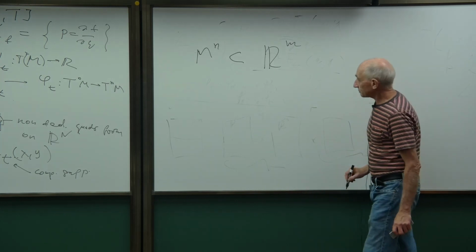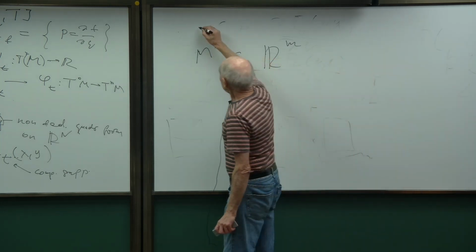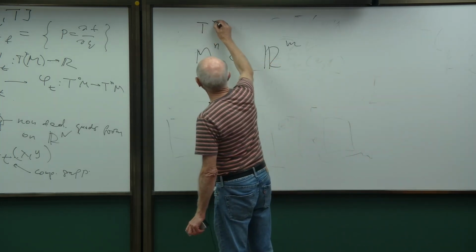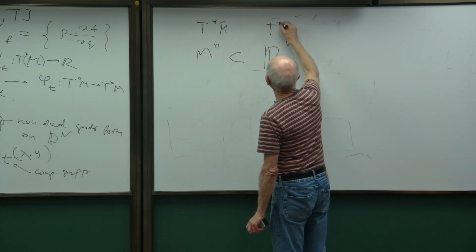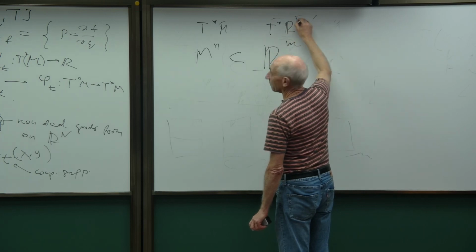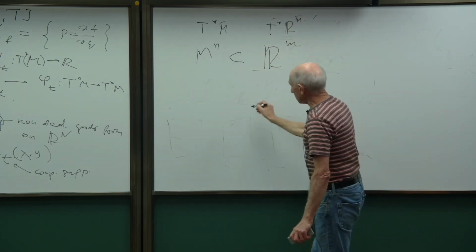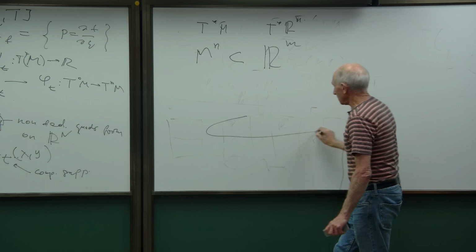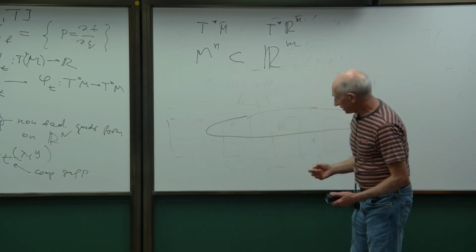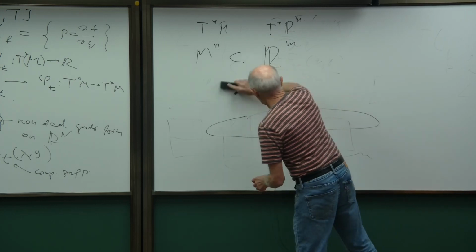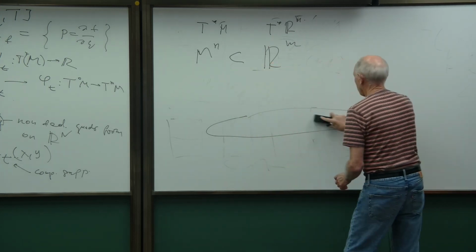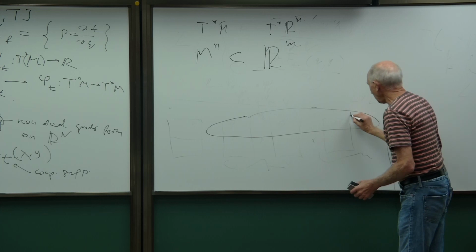Now here you have a cotangent bundle of M, and you have a cotangent bundle of Rm. So how are they related with each other? So this is our Rm.